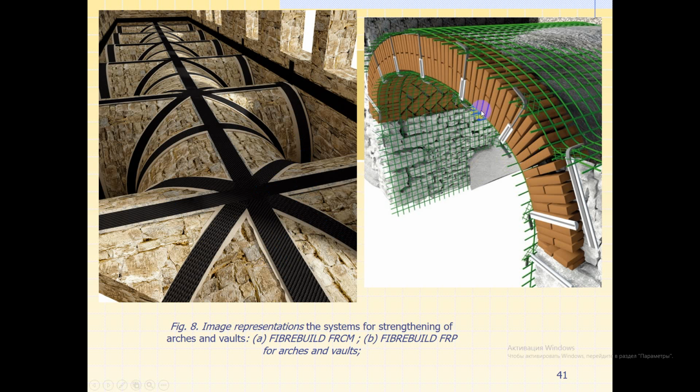And the fiber reinforced sheeting method, where glass fiber reinforced polymer or carbon fiber reinforced polymer weaves are used for reinforcing individual spots, ideally recommended for oddly shaped arches and vaults.